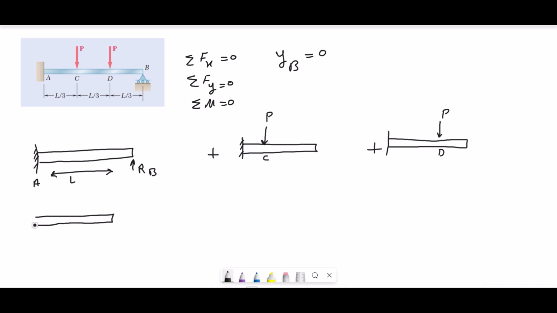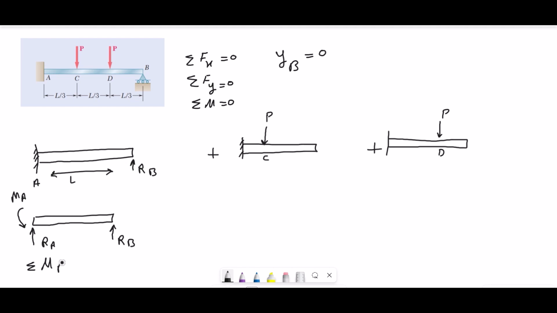we draw the free body diagram of this beam. Here we have R of A and a moment, M of A, and we have no axial force because there's no load in the axial direction. So we can write the moment equation around point A, which will be like this.